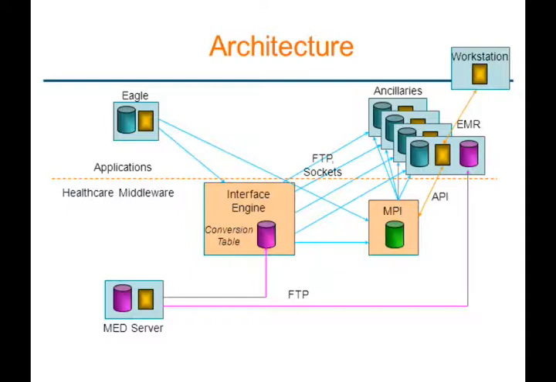And on the right hand side you see a set of ancillaries, as well as electronic medical record systems. You can see that the registration system Eagle sends ADT once to the interface engine, and it sends its registration master patient index data, that means registration data, to the MPI system once. An interface engine then makes replicated copies of those ADTs and sends it over to the ancillaries and the electronic medical records.